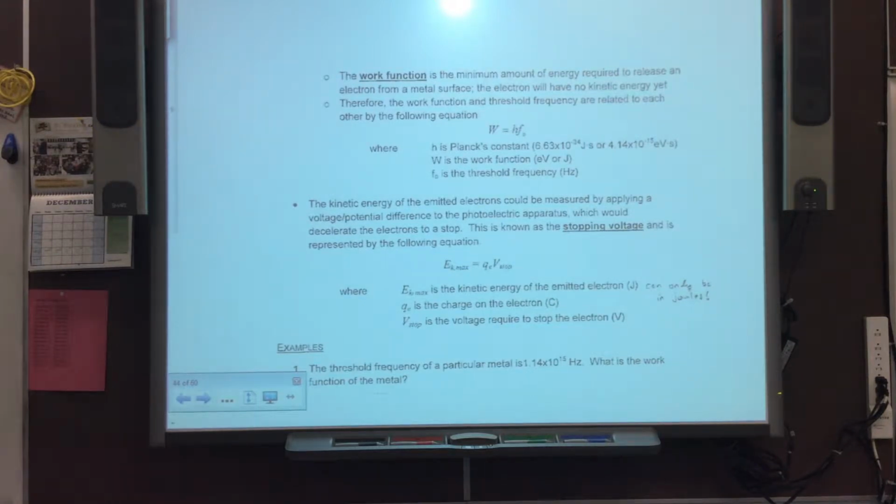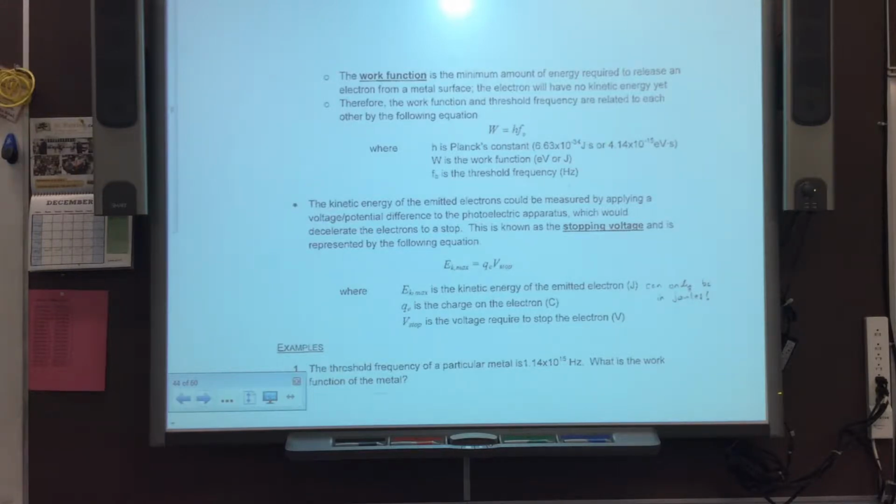So work function is the minimum amount of energy required to release that electron from that metal surface. So we have a minimum amount of frequency required, we have a minimum amount of energy required, in order to get those electrons to go off of that plate and through the multimeter.